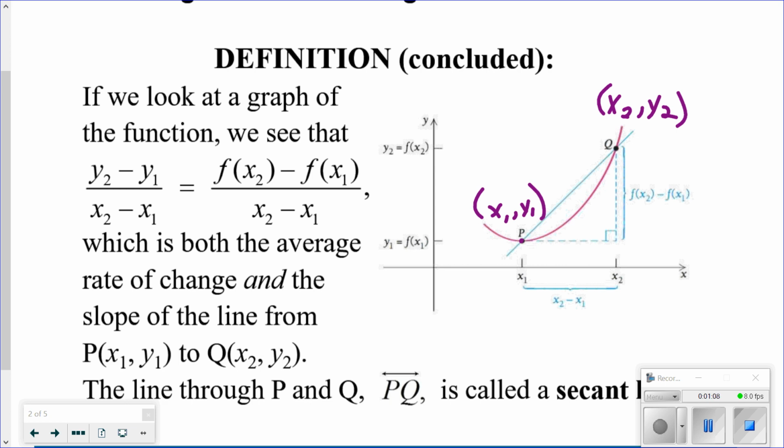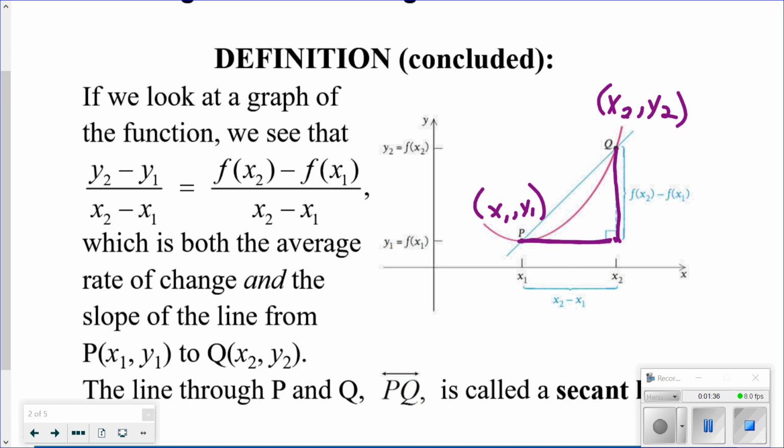So we can label those points x1, y1, x2, y2. And here's my rise, goes from point P up to point Q. That's my y2 minus y1. That's how far I rose. And this is my x2 minus x1. This is my run.